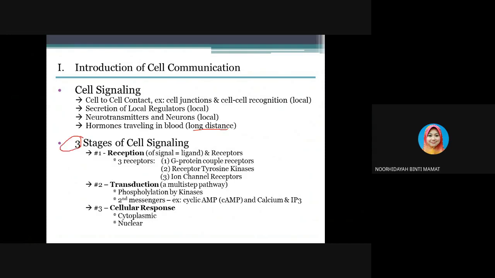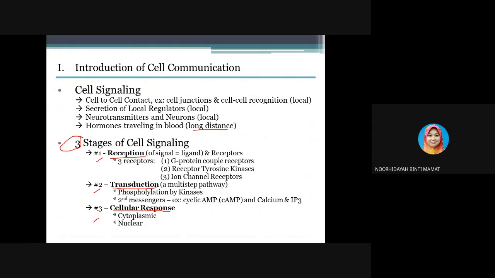So we have three stages of cell signaling, which we already learned in the previous lecture. The first one is the reception, the second one is the transduction, and the third one is the cellular response. For this topic, we are going to study in detail each step of cell signaling. Please don't get confused with our previous topics regarding the neurons and the sensory systems.